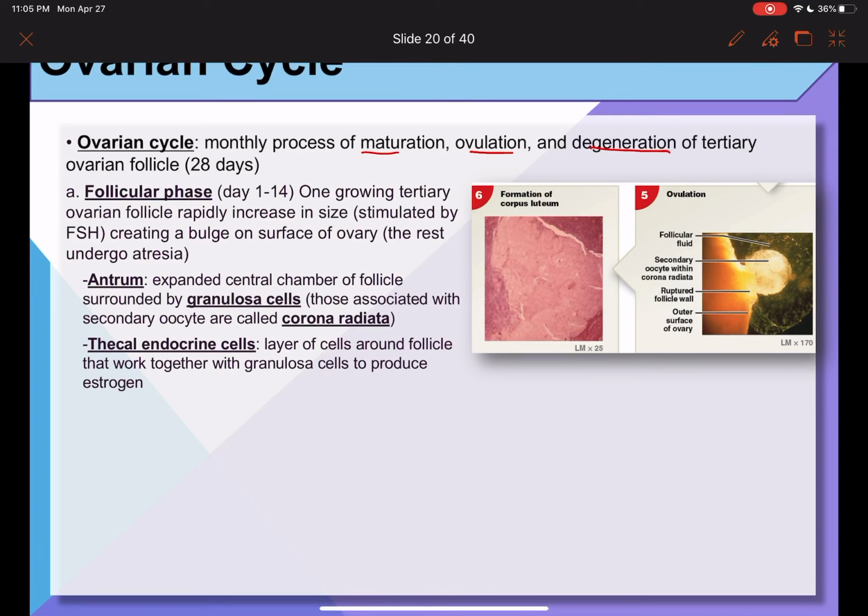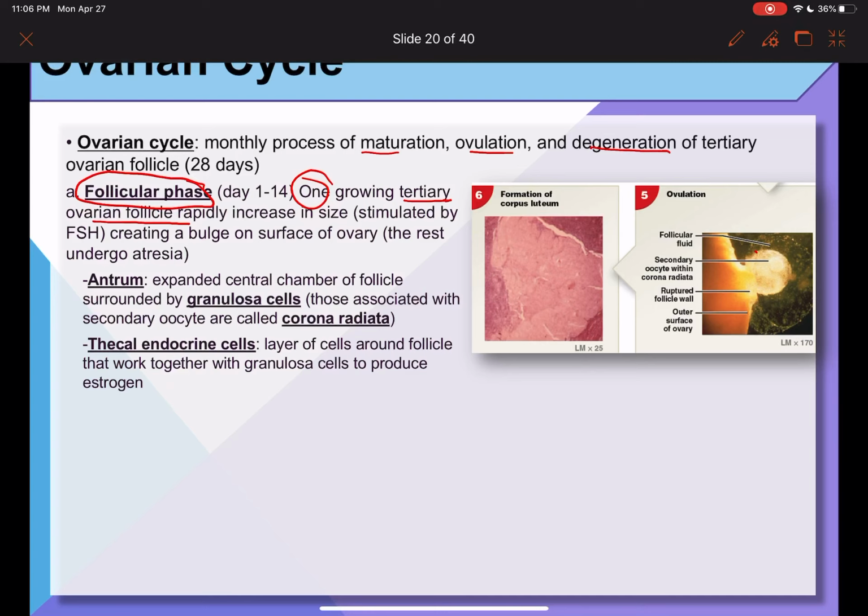So the first 14 days before ovulation is called the follicular phase, which is when the growing tertiary ovarian follicle will rapidly increase in size. Only one of those will do that.